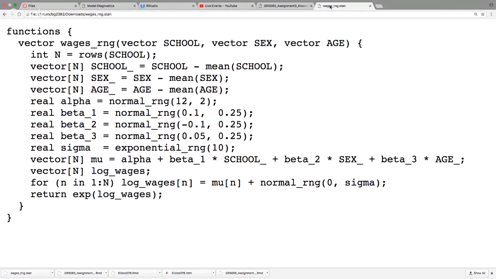Christina. The normal 0 sigma. That's for the residual. For the error term, the realization of the error. So why does the variance of the error term? It doesn't have to, but that was my prior. Again, the exponential distribution is the maximum entropy distribution for a given mean.